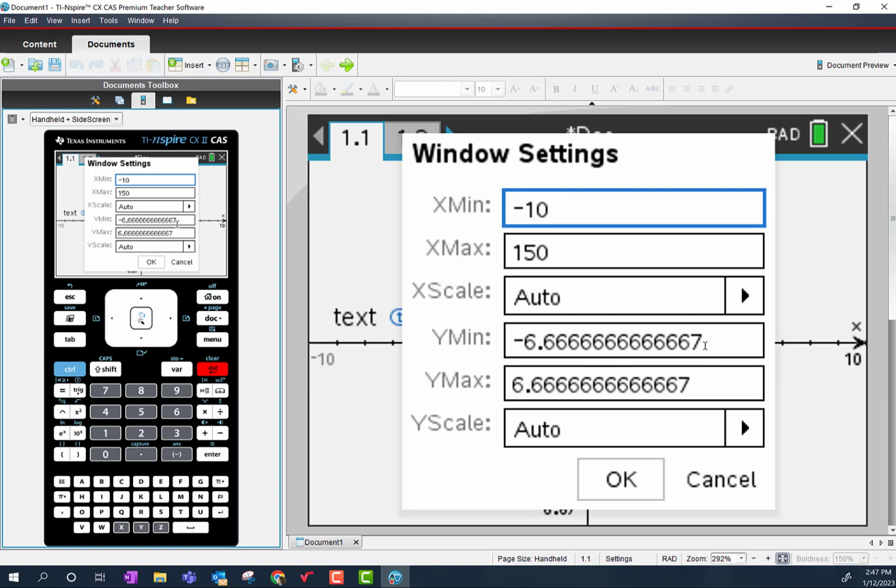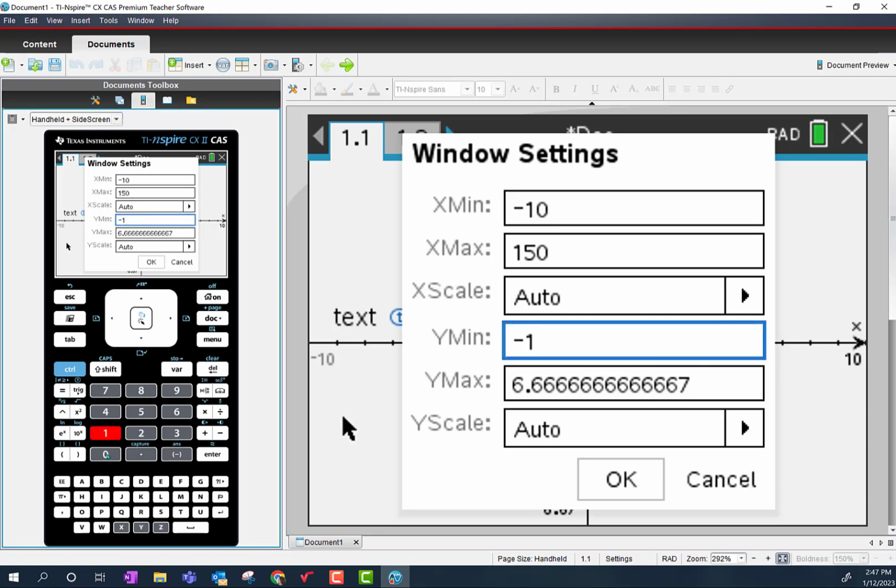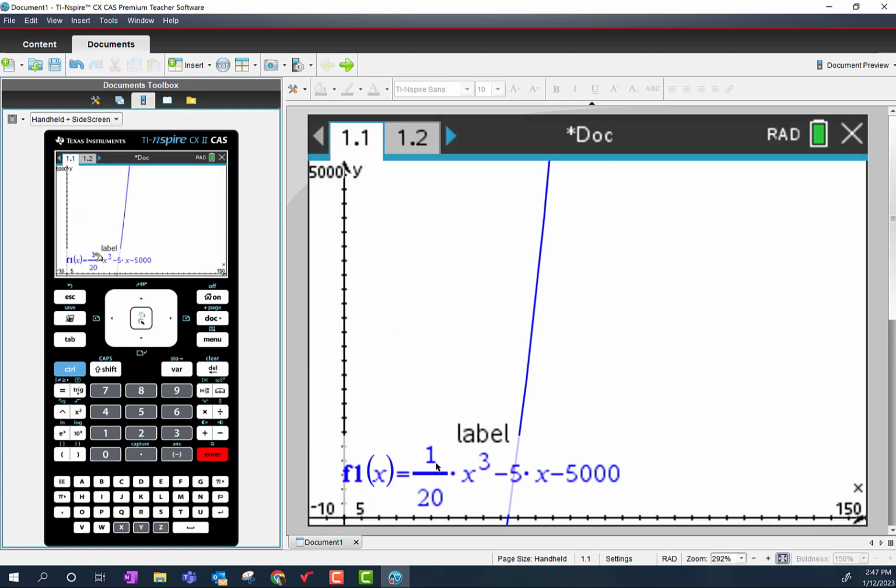It's the y min that I want to be at like negative 100 or something. Because my y max, I mean, we went to 5,000. I don't even know what this is going to be. I'll put in 5,000. We'll see what we can see. Okay, all right. We can see part of it. It apparently goes on forever, so we're good.